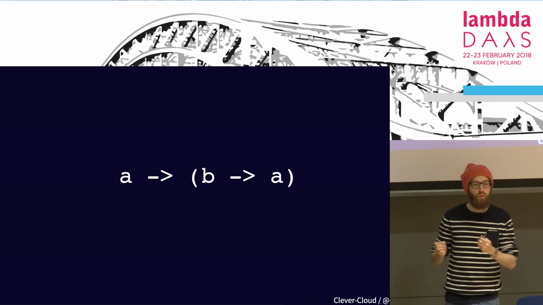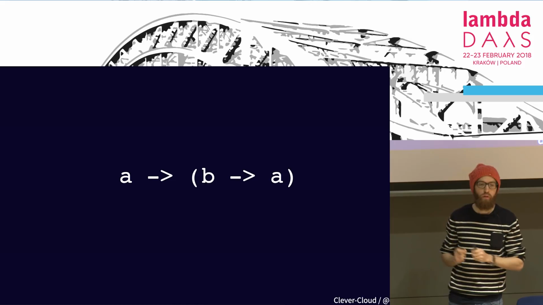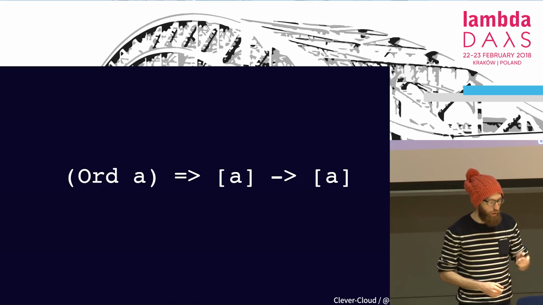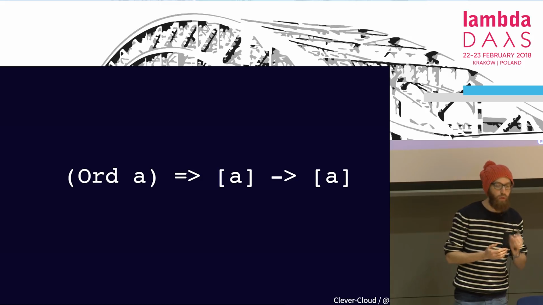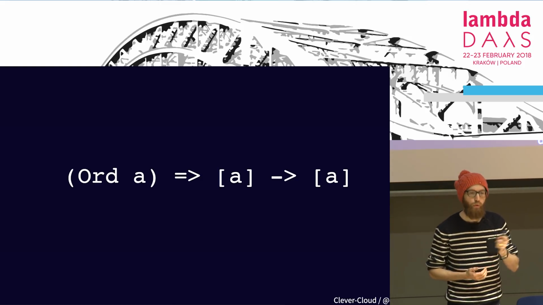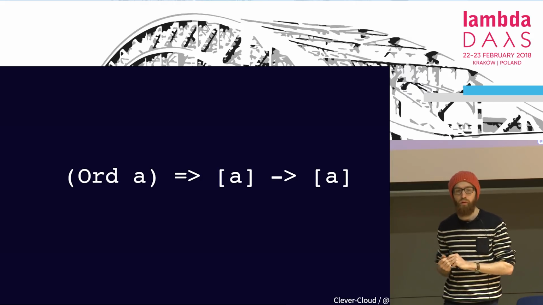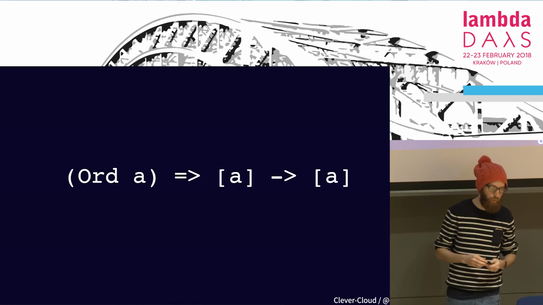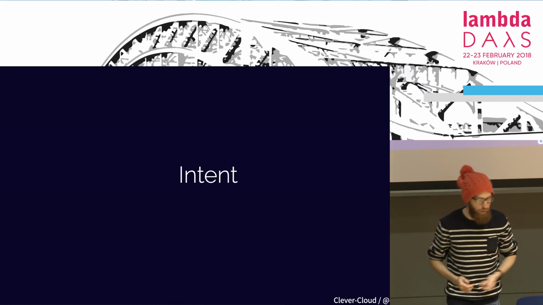It's very useful to compose and create small functions on the go. Another thing you need to understand is that you can put constraints. This means for all A, provided that I can provide an order for A. So provided that I can compare two values of type A. And it gives me intent.